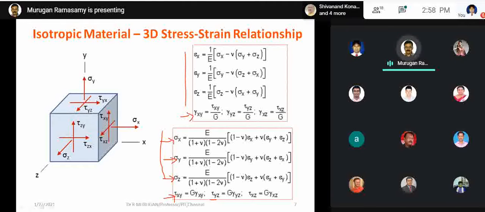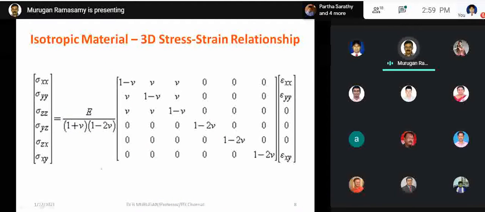So when you write all these 6 stresses, these are the explanations for the direction of the normal stresses as well as the shear stresses. Now when you write this in the matrix form, the stress strain relationship, you will get the relationship like this.